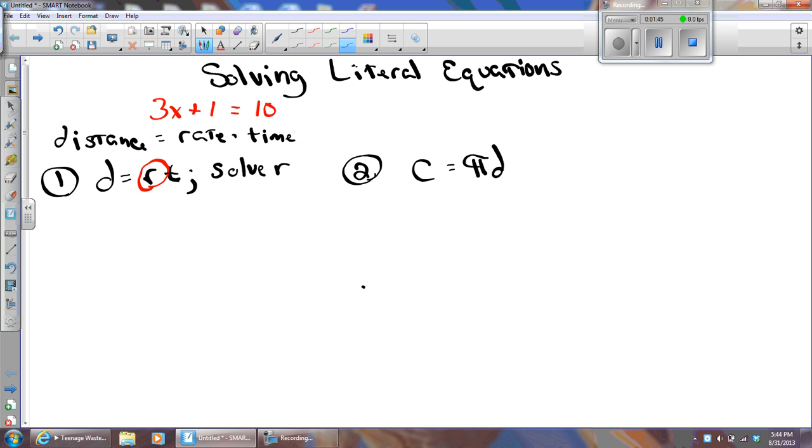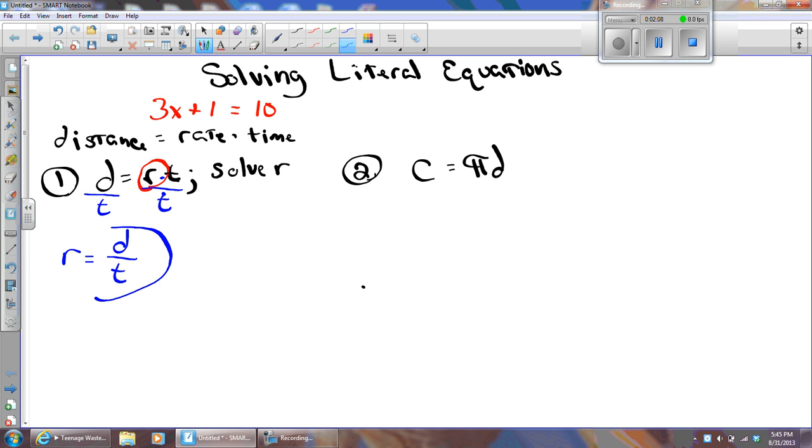What number is keeping the r alone from being alone? The t. How is it attached? Multiplication. How do you undo that? I'm going to divide. What number should I divide by? By t, of course. I have to do it to both sides. So the rate is going to equal the distance divided by the time.